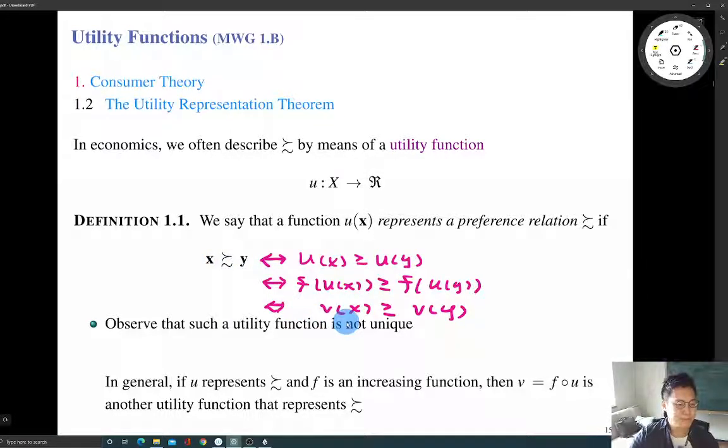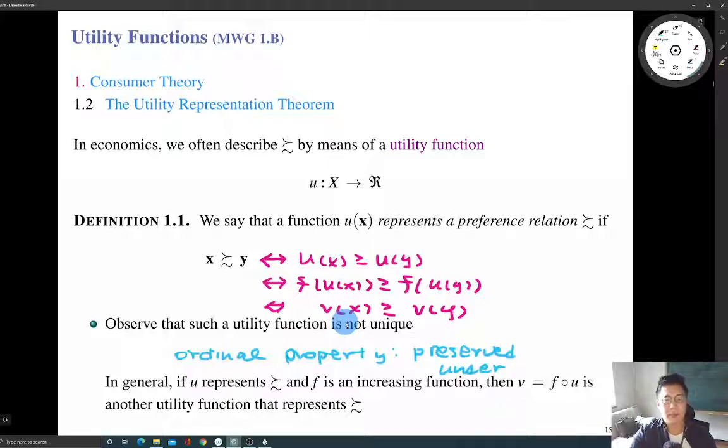Okay. All right, so this representation has an ordinal property. Ordinal property, meaning that the property is preserved under monotone transformation.